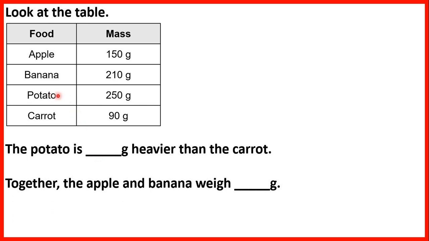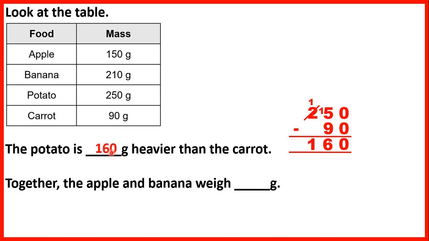From the table, we can see that the potato is 250 grams and the carrot is 90 grams. So to find the difference between those numbers, we need to subtract. We can do that using column subtraction, and we get 160, because the potato is 160 grams more than the carrot.